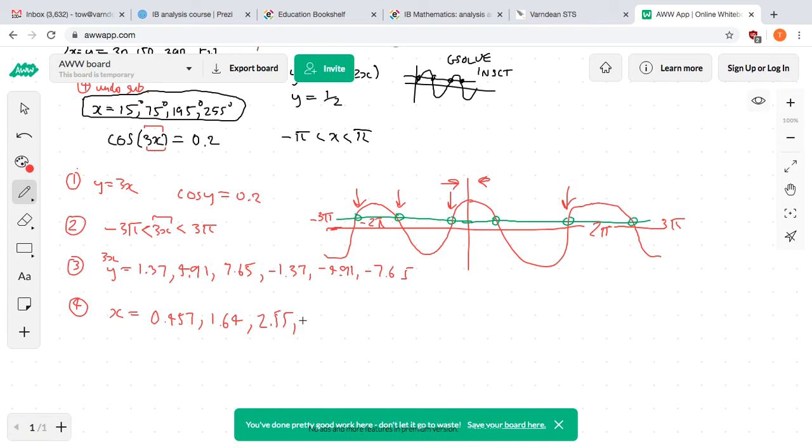It's the same numbers. So minus 0.457, minus 1.64, minus 2.55.